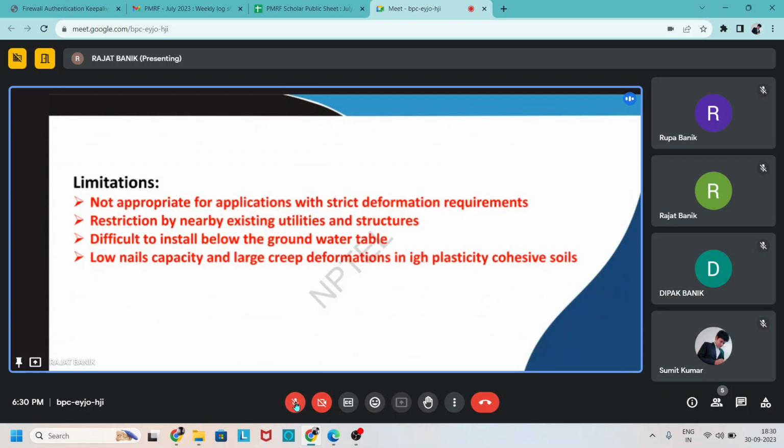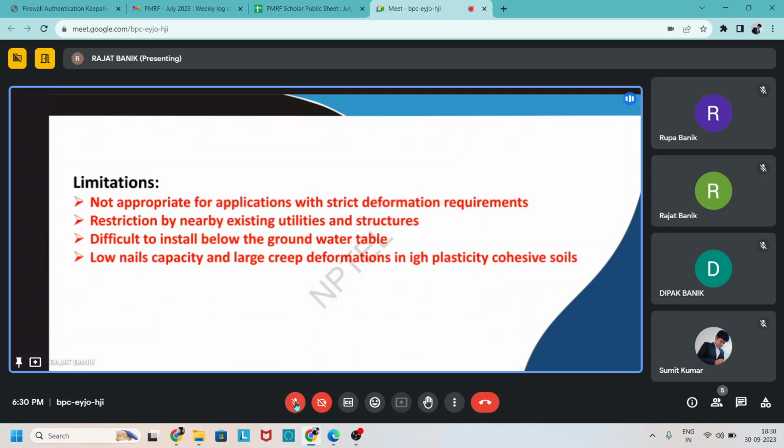It is not designed to take care of bending, deformation or shear of the slope. It is mostly designed for the tensile requirement of the ground. So if the ground deformation is large, then this method is not suitable.